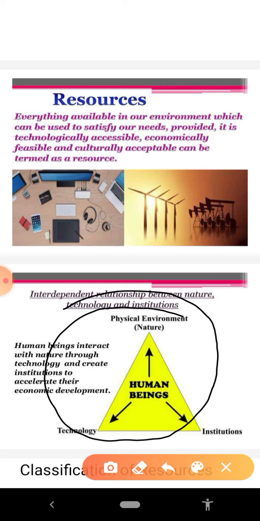So we can take an example. A river is a natural endowment or gift. It becomes a resource when human beings use it. Human beings use technology and develop institutions to convert the natural endowment into a resource.